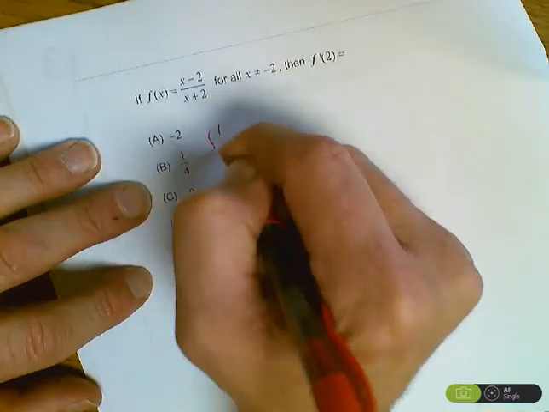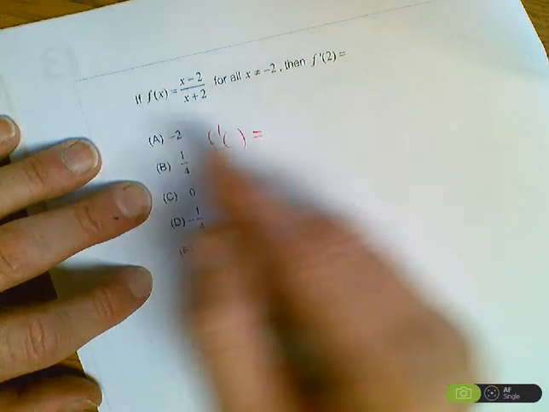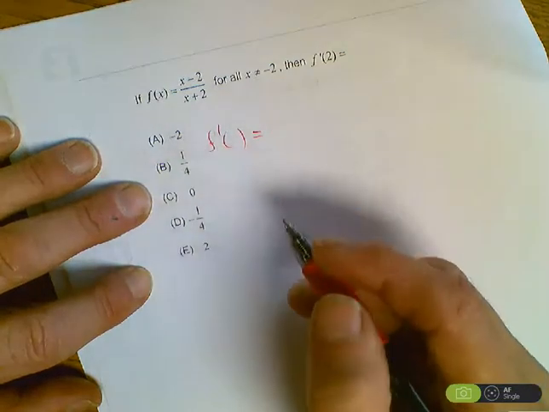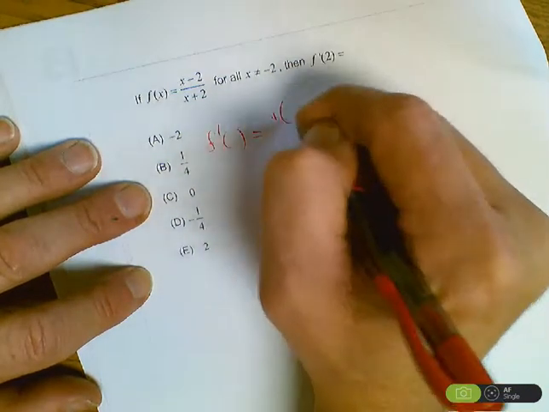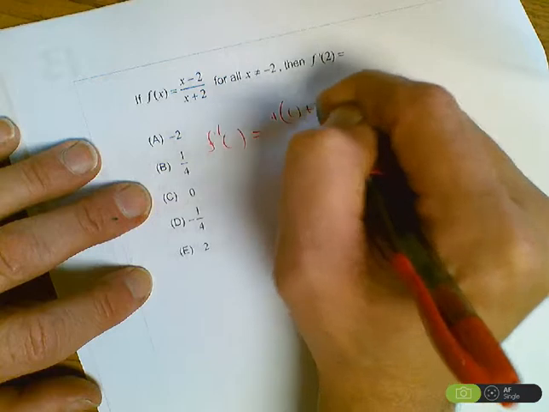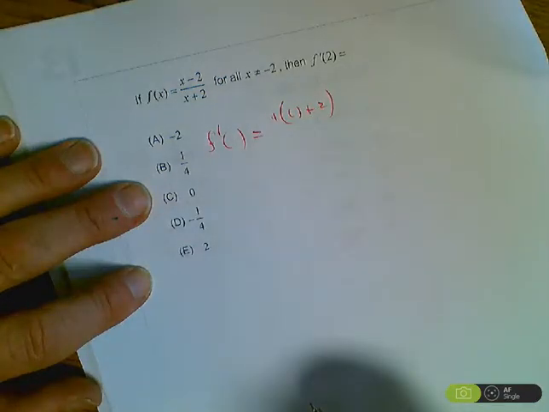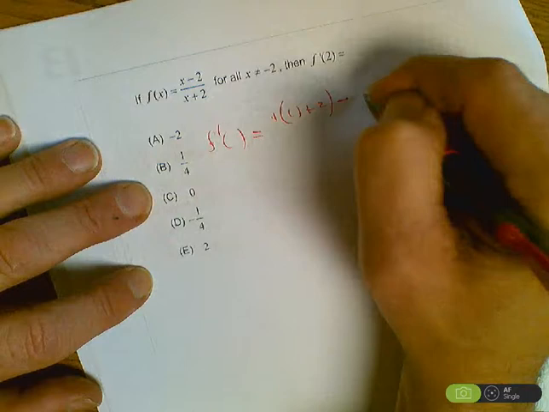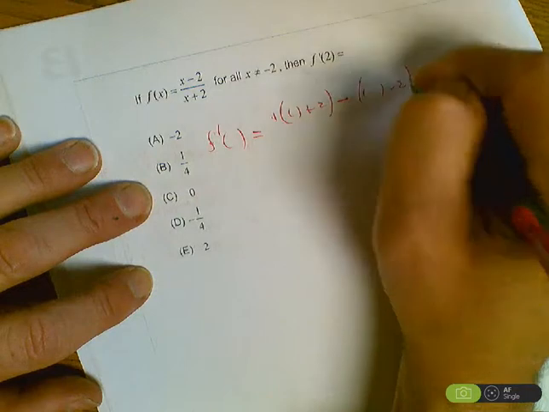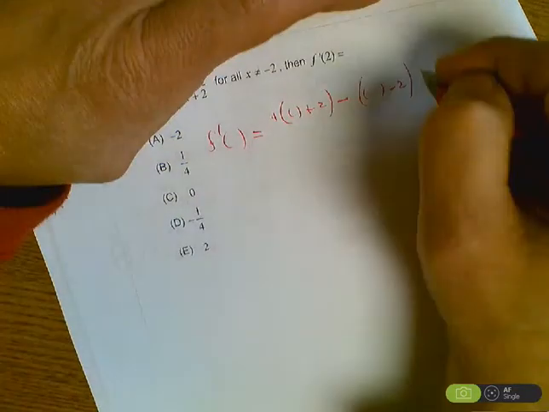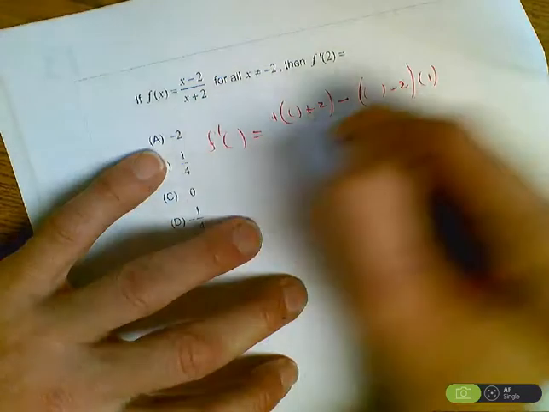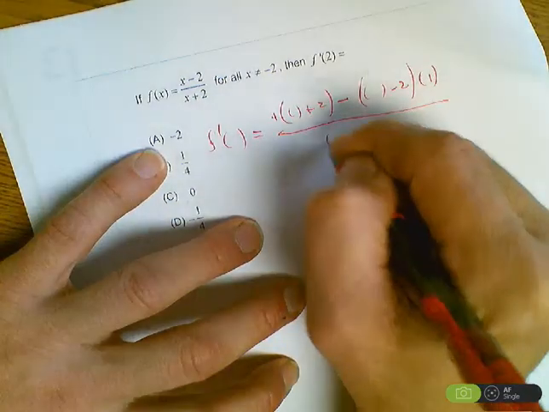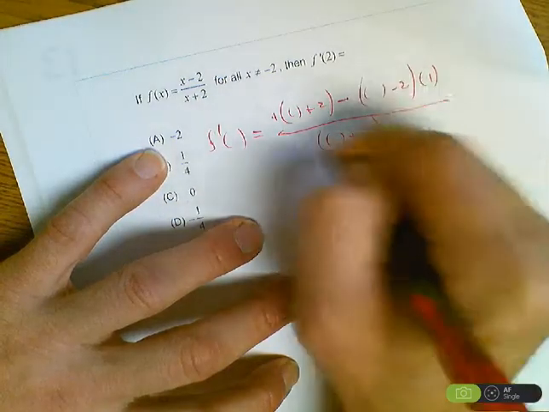So, ready? F prime of u equals, what's the derivative of x minus 1? 1. U the next one. Then minus u minus 2. Then what's the derivative of that? Downstairs. 1. All over u plus 2 quantity squared.